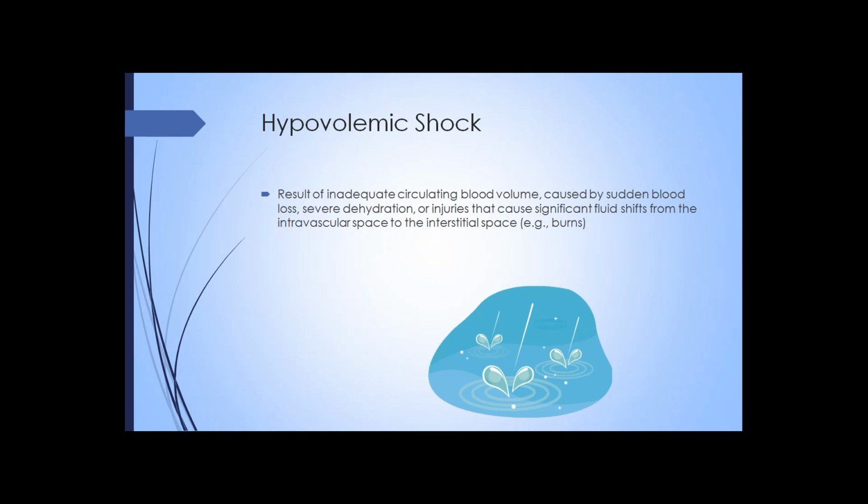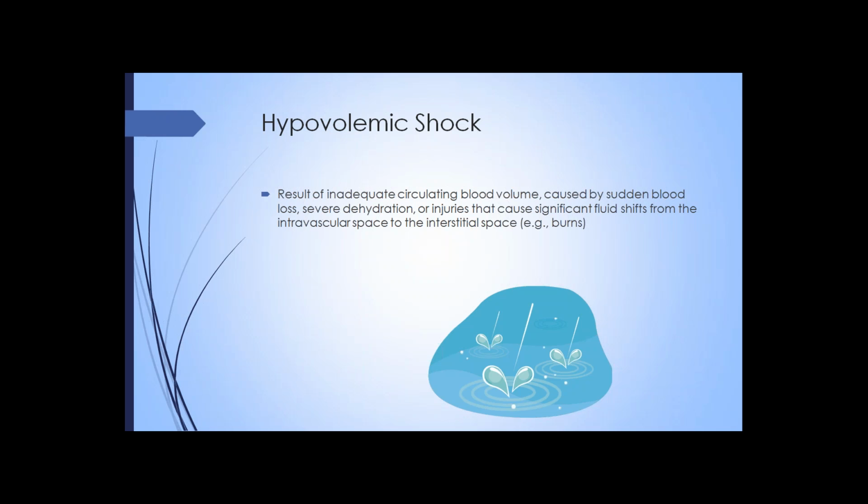Then there's something called distributive shock. This is in relation to the pipes, or our vasculature system, through which the heart pumps all this volume around the body, okay? The distributive shock actually comes in 3 subsequent types, and we will get into that in more detail when we reach that. Let's start with hypovolemic shock.